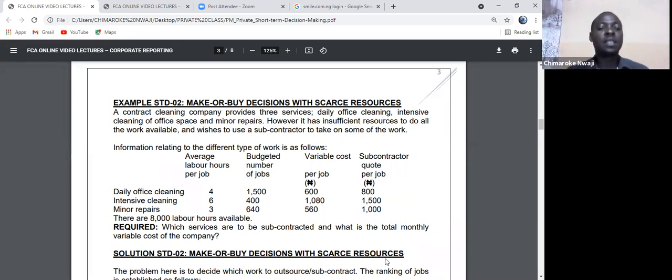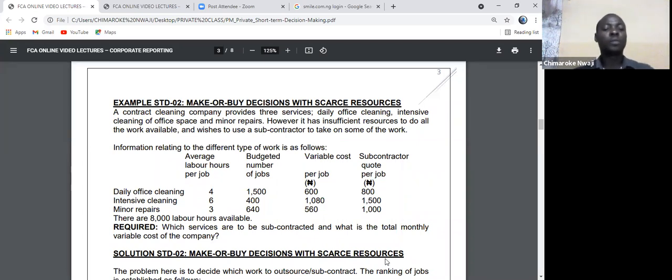Intensive cleaning is going to take 2,400, so it's 400 over the 8,000. Then the other one, 3 times 640, is going to give you 1,920. So you have 1,920 plus 400, an extra 2,320 hours over your 8,000 hours.